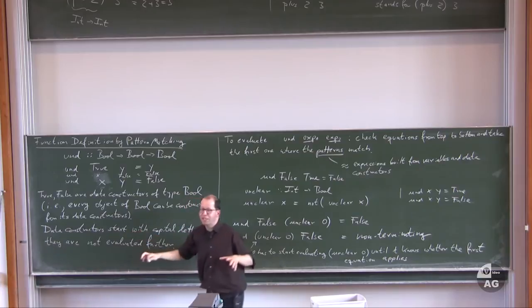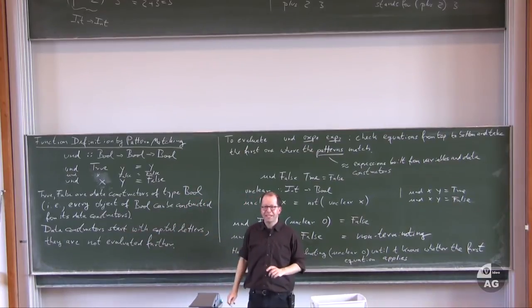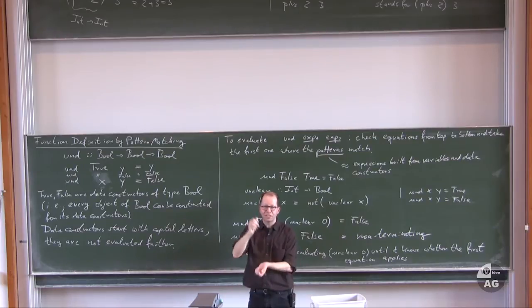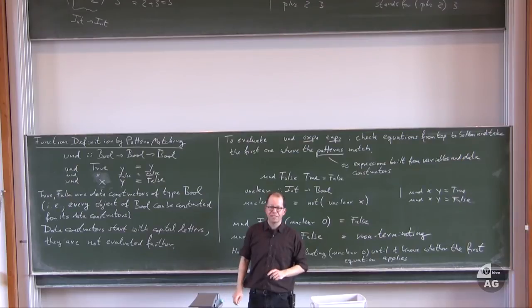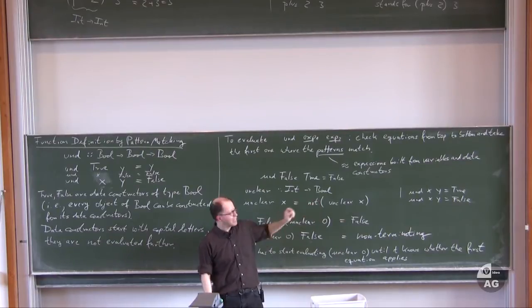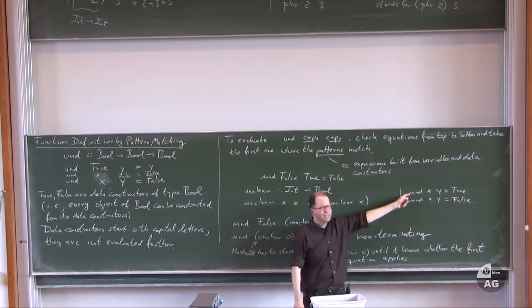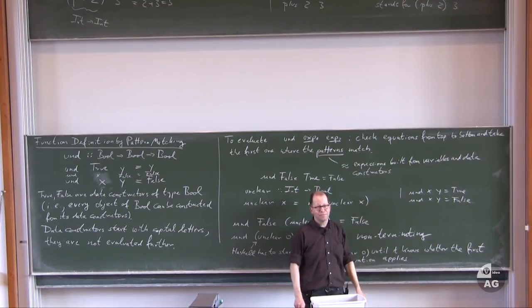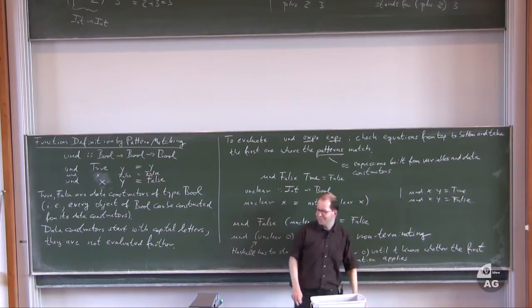So if Haskell were free to pick the equation it likes, then it's unpredictable what the result is. Because these defining equations, they don't have to exclude each other. And for good reason, Haskell executes this from top to bottom and cannot pick. So it first has to make sure, does the first equation match? And only if the first equation for sure doesn't match, it can take the second. OK.